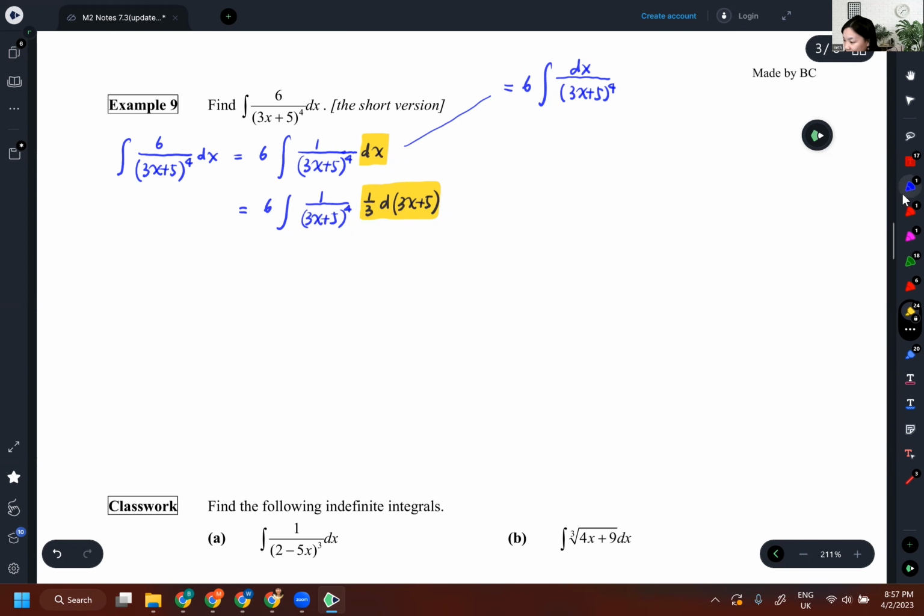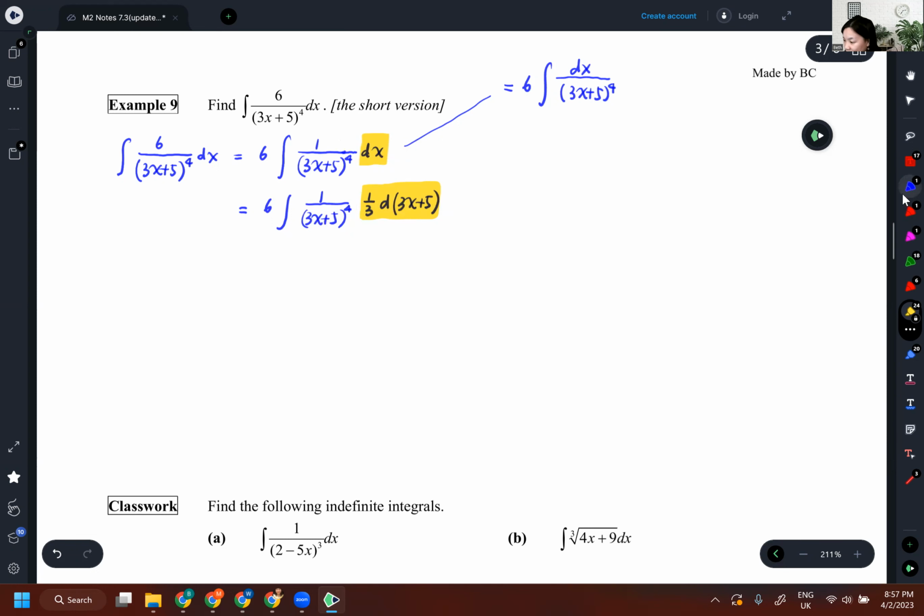So this can be done this way: negative 4 plus 1 and (3x plus 5) to the power negative 4 plus 1. And then my final answer is negative 2 over 3, (3x plus 5) to the power negative 3, plus c. That's the short version.